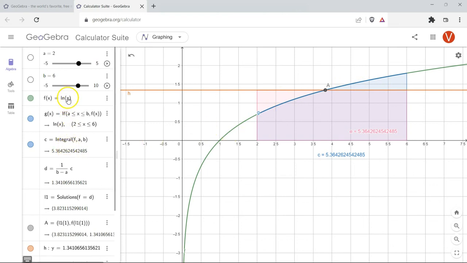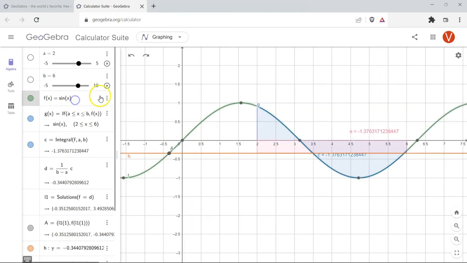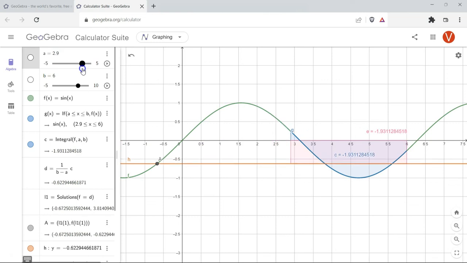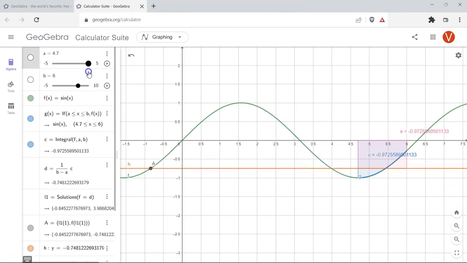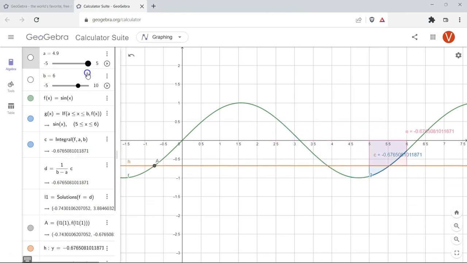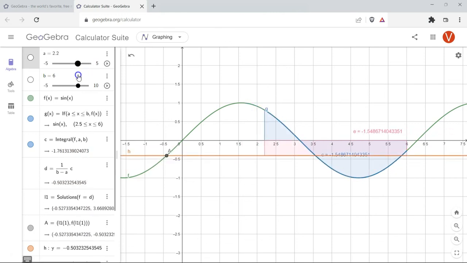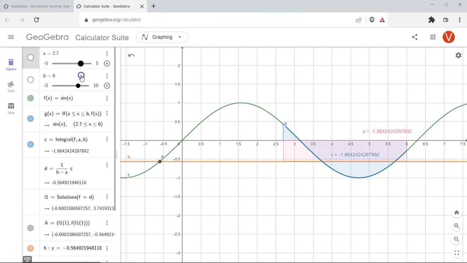The fun part of this is that you can keep changing this. You can try this out with different functions. And second, you can change this to see how the area or the mean value changes as you change the interval.